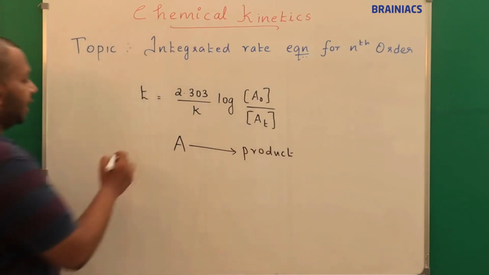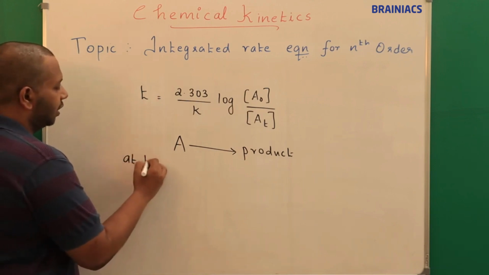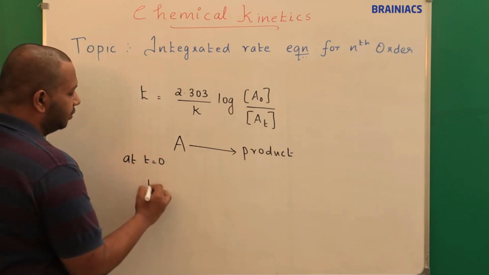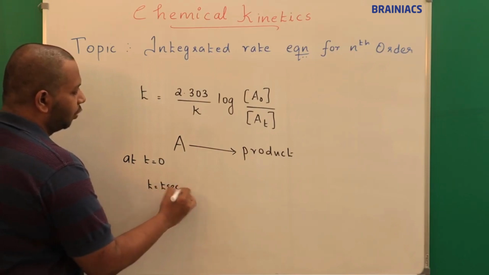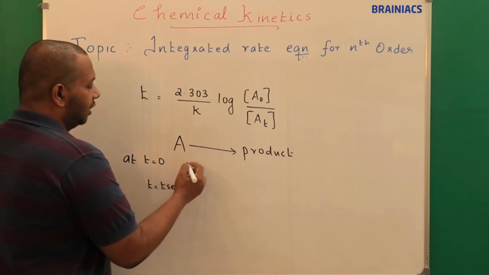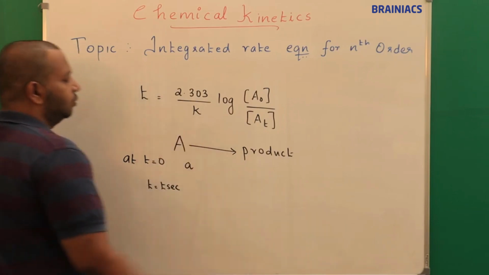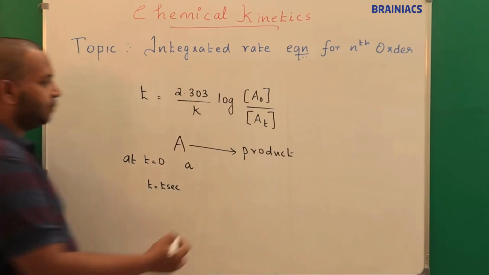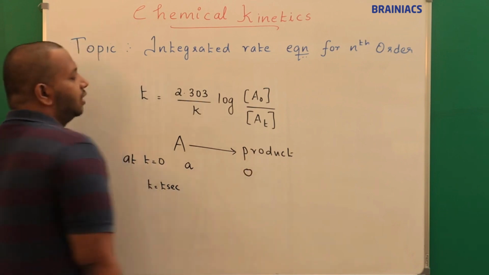Now we say at a time t equal to 0, and at time t equal to t seconds, we don't know what this instant is. We know the initial concentration is A. Let us assume A is the initial concentration. At that moment there is no product, so we put 0.